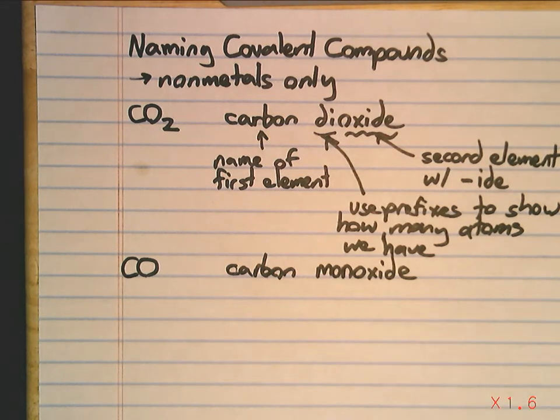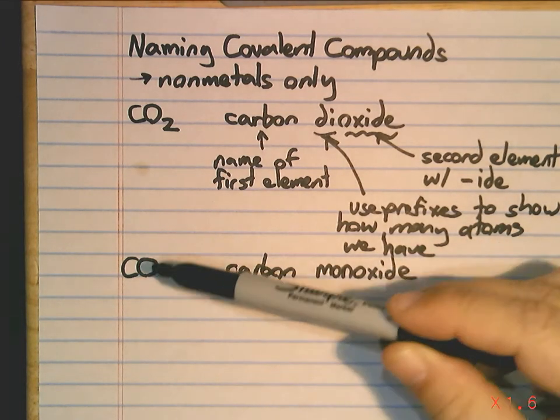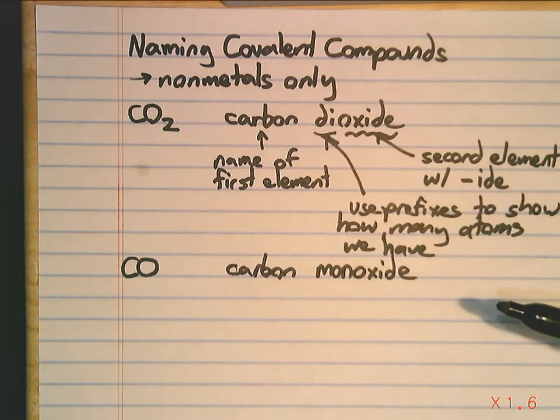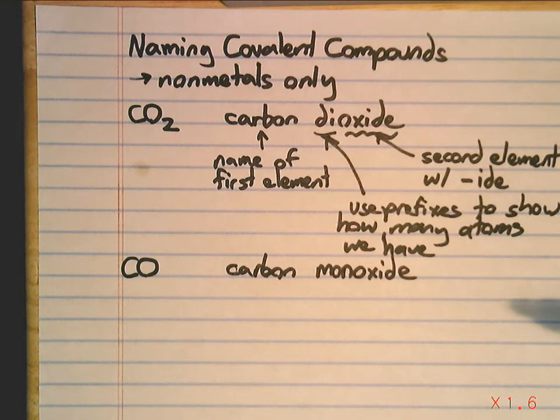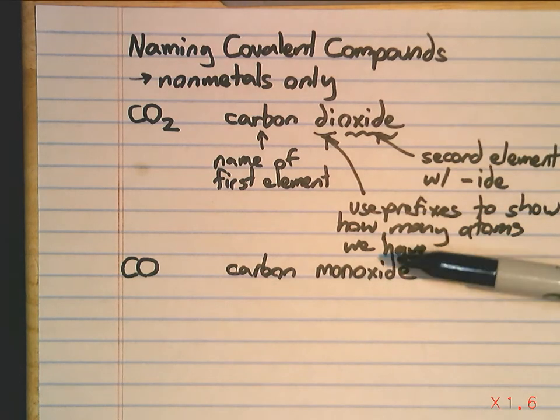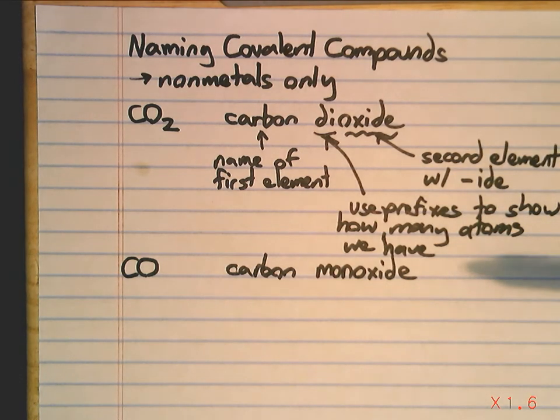So there's the prefix that you use. So this is carbon monoxide, which you know probably already. It's a very poisonous compound, and it's very different from carbon dioxide. It makes a big difference in the properties of these compounds, how many oxygen atoms you've got. So we want to make sure that we have different names for those two things, because we're not talking about the same thing at all.